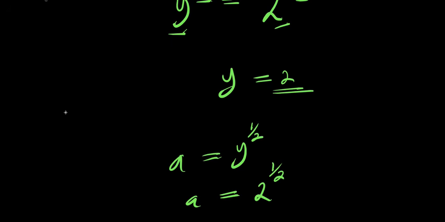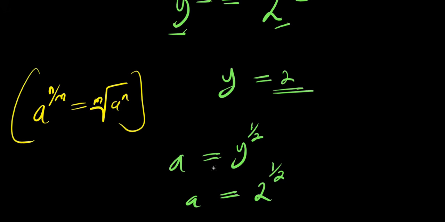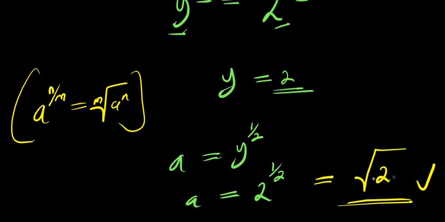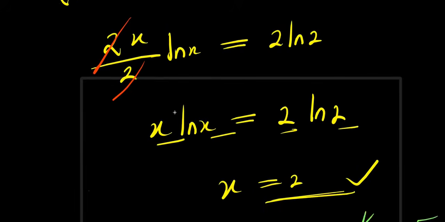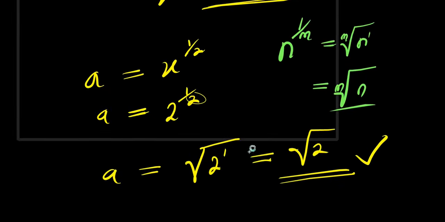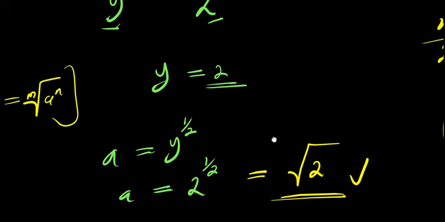And remember, you have a^(1/n) equals the n-th root of a^1, right? So this will give us the square root of 2 to the power of 1, which is the same thing as the square root of 2. This becomes our final answer using this method. So we have made use of 2 different methods having the same solution here. That is the square root of 2.